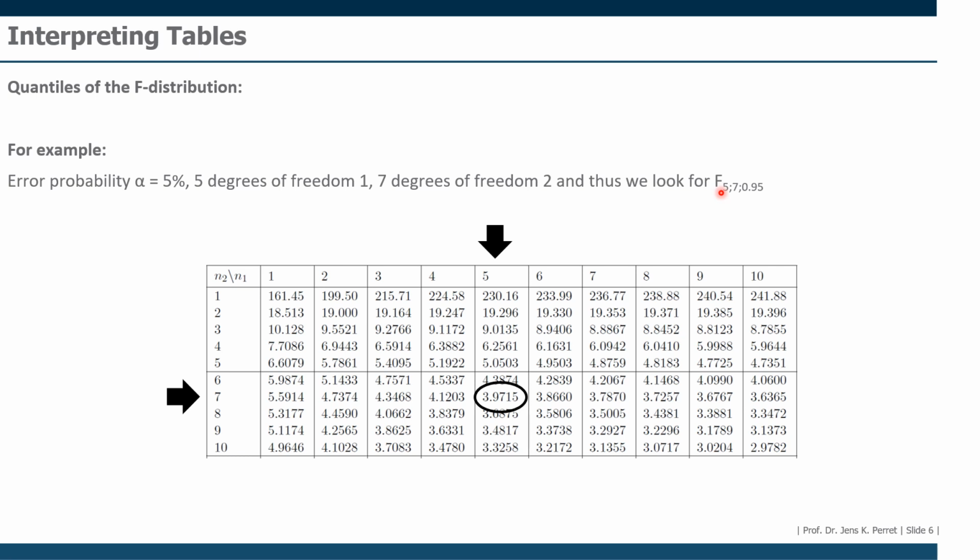So usually a regression has significantly fewer independent variables than it has observations. That's also why the table is much larger downwards and not in this direction. So usually in regression analysis, variance analysis, there are less than 10 independent variables or groups, but there are a lot of observations. So that's why down here it goes up to 1,000 something. Here usually the tables stop at 10 something.